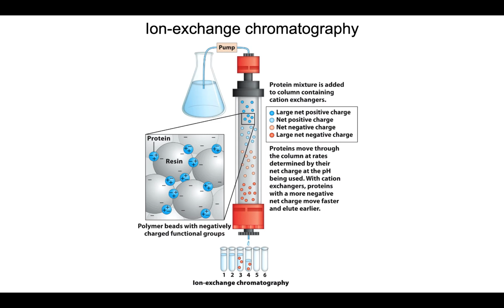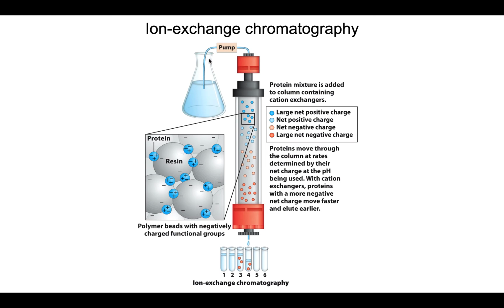Next, we have ion exchange chromatography. Now, this is a way to separate proteins based on their net charge. And the way it works is here we have our solid phase, these big gray balls or spheres here, and you can see that each one of them are negatively charged.